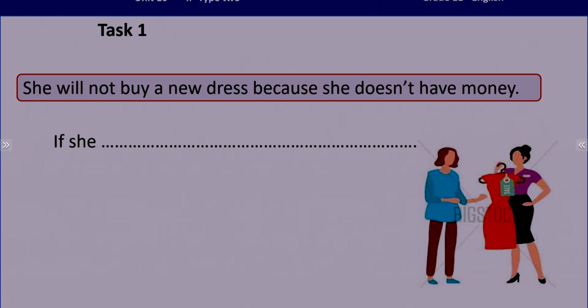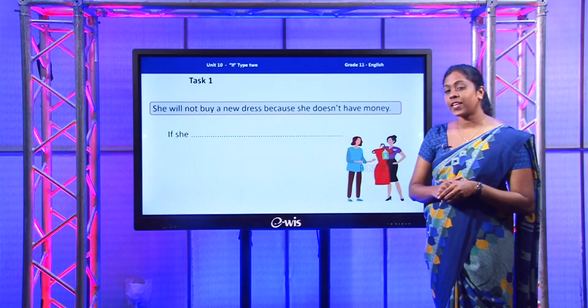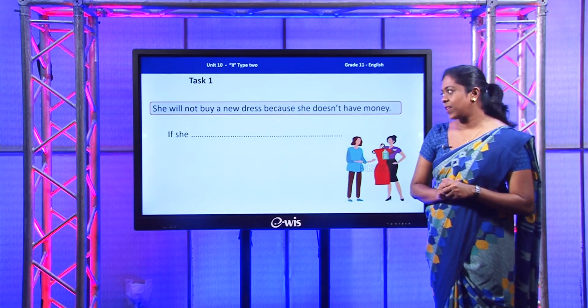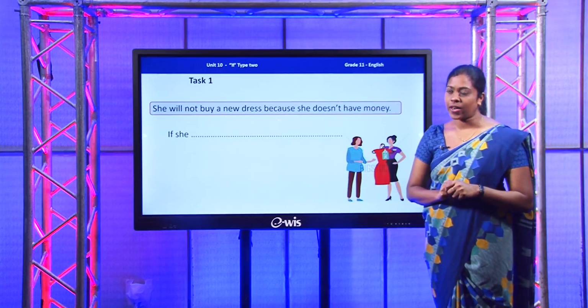So there is no possibility of this lady buying that new dress. Why? She doesn't have money. If you are to convey this using an if clause type 2 sentence, how would you write it? It's a challenge. Hope you would like to take it. I have given a slight help anyways.